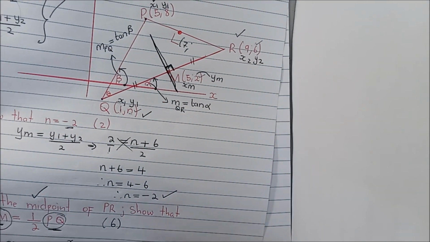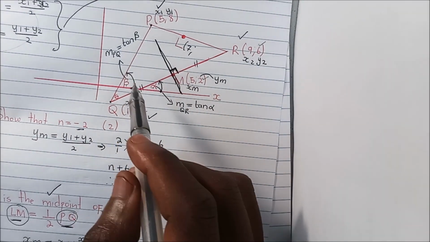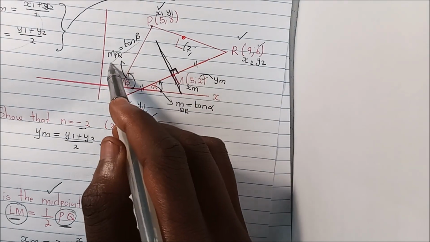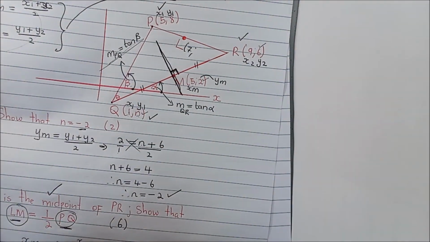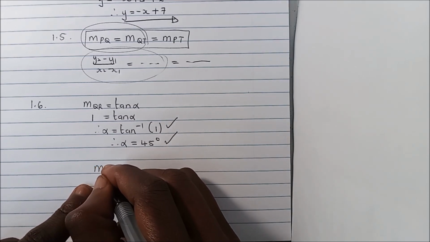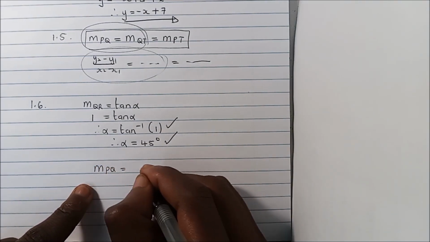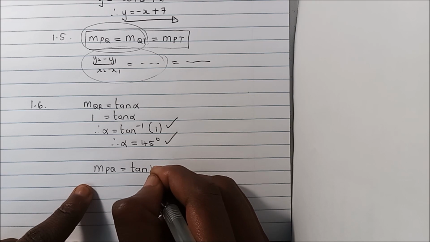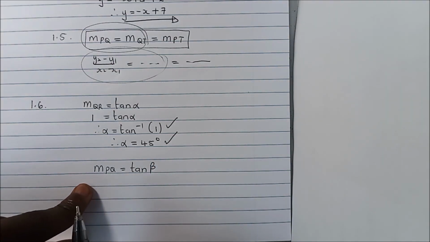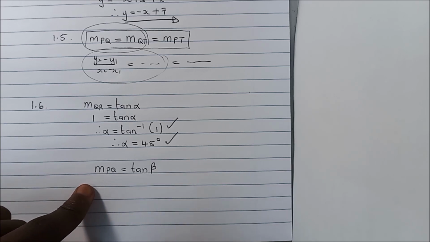And then let's go to our sketch again. What did we say in the start about beta? We said beta is an inclination, so we can use the formula to find that beta. So go ahead, and then m of PQ equals tan of beta. So now what is the gradient of PQ? We need the gradient of PQ.